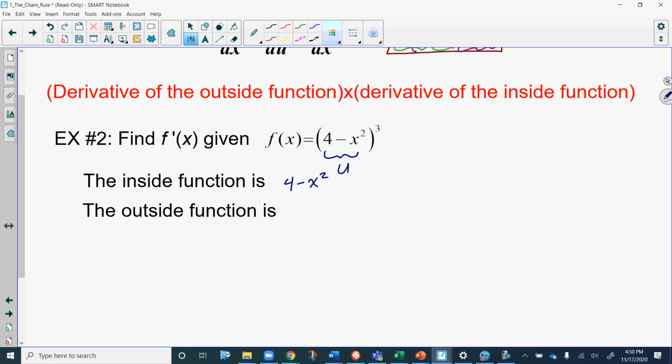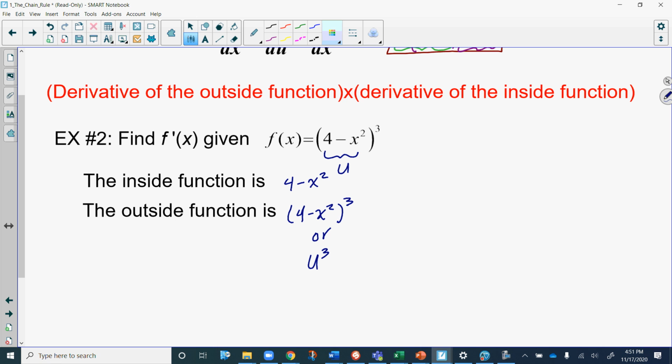And the outside function would just be the whole thing. It would be 4 minus x squared cubed, or the way that I've identified the inside part as U, I can look at it as U cubed.